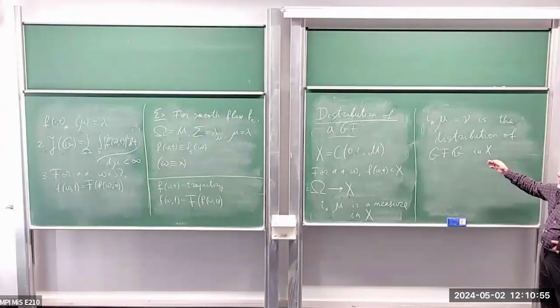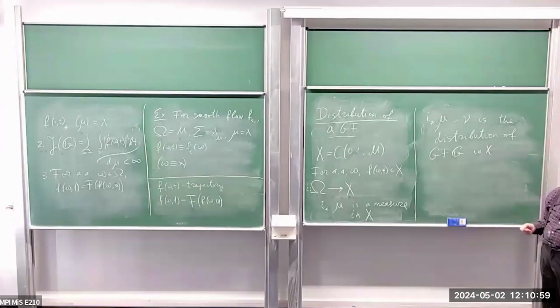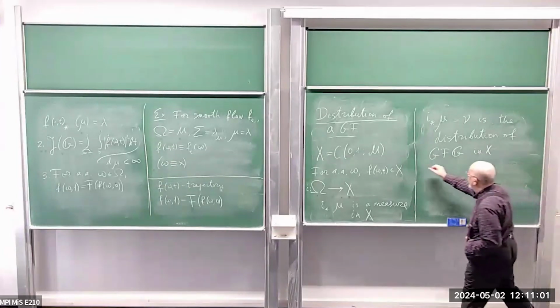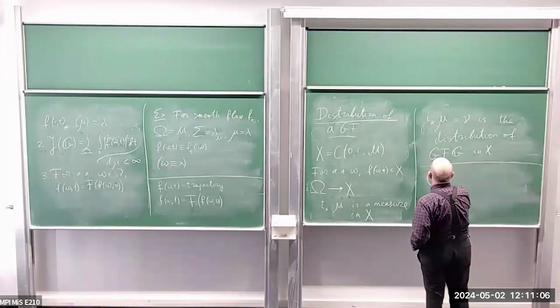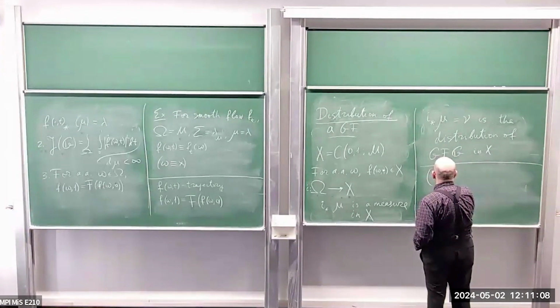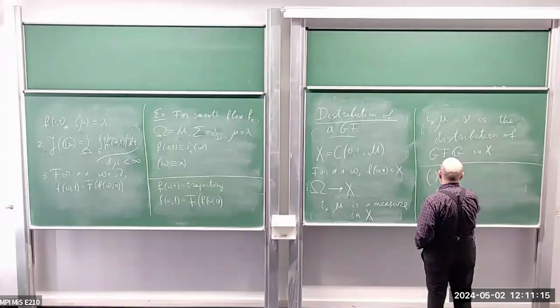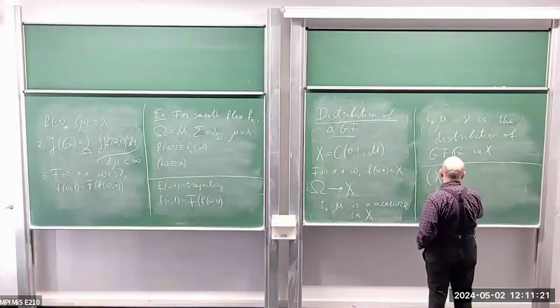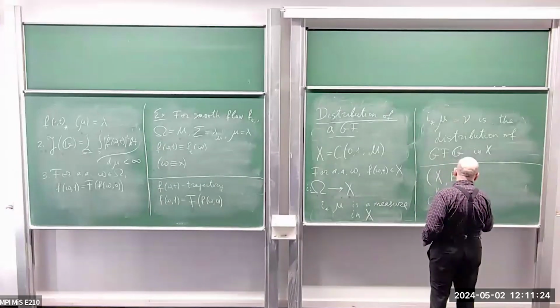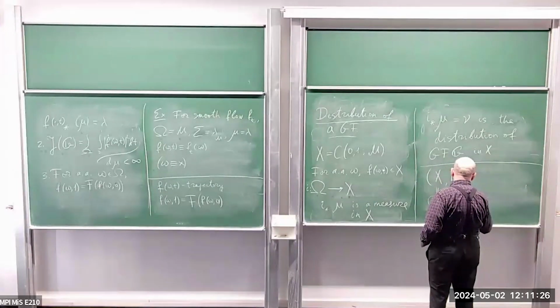And a great advantage of this is that we can consider different generalized flows as measures. They are all defined as measures in the same space. So consider X equals C of 0, 1, m, with the Borel sigma algebra.